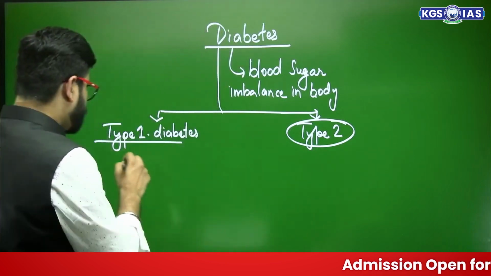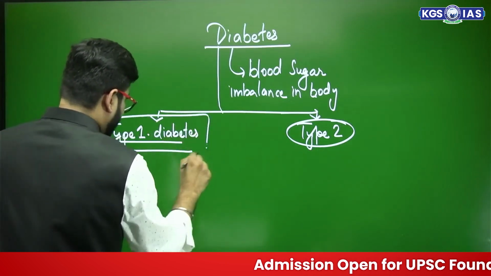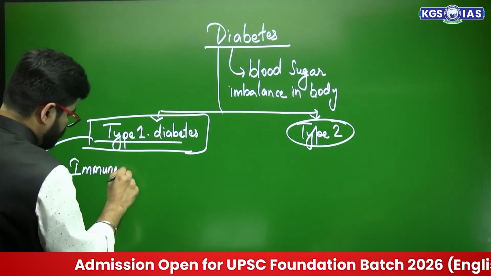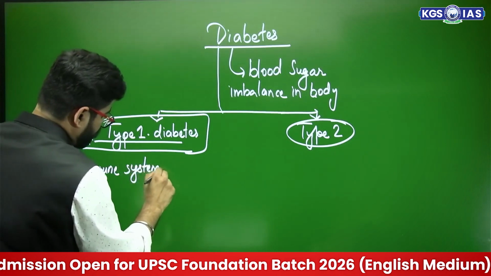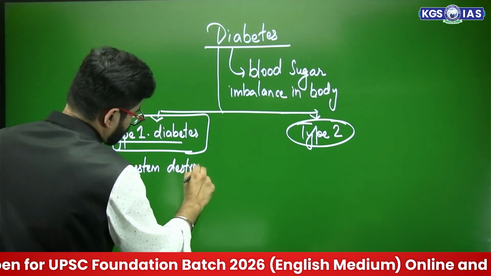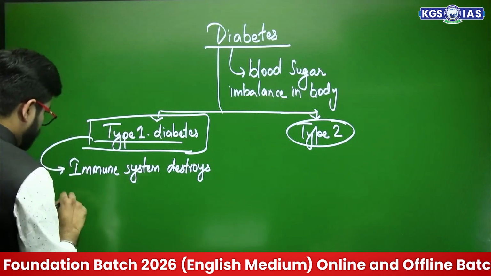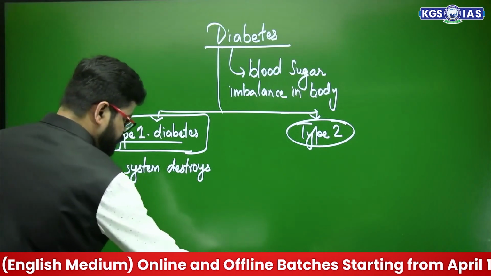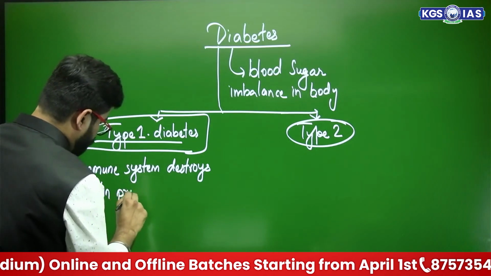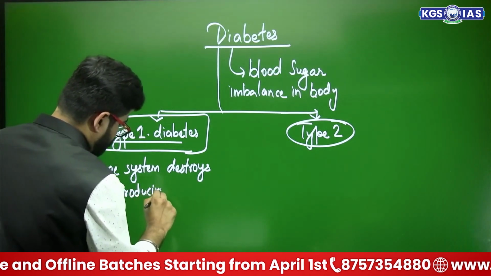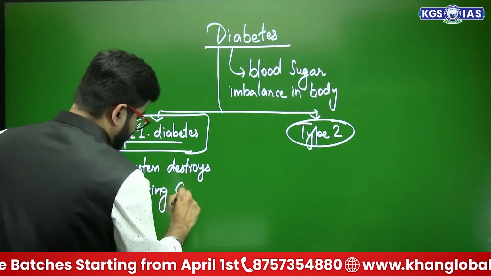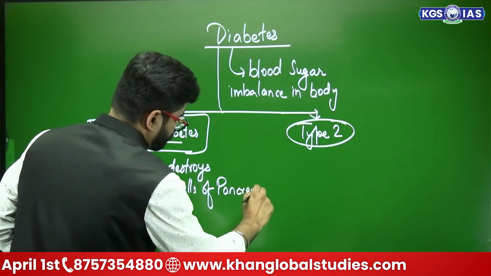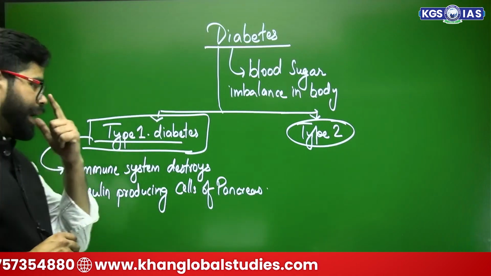This is one of the problems where the immune system destroys the insulin producing cells of the pancreas.